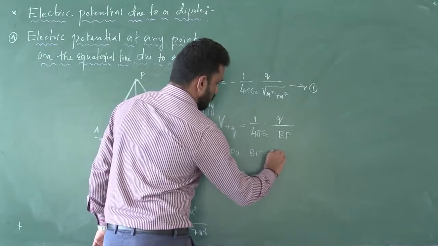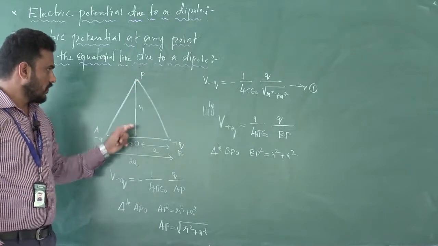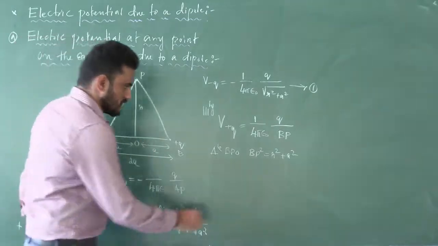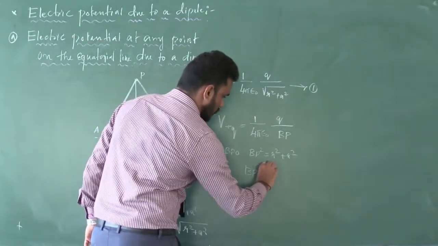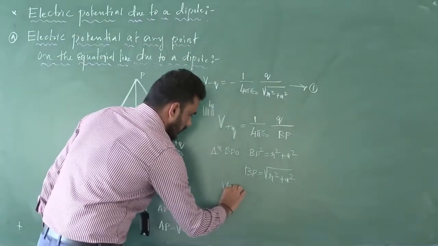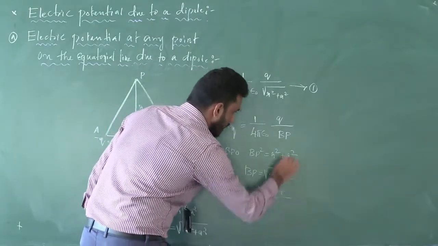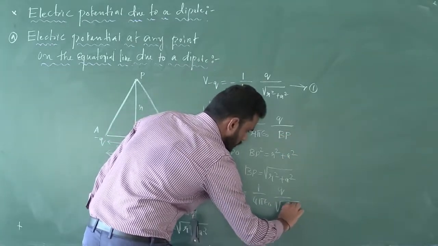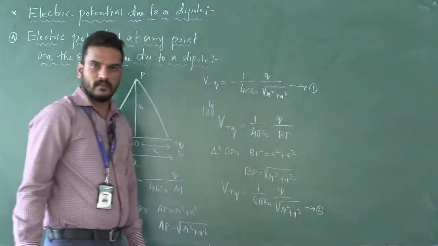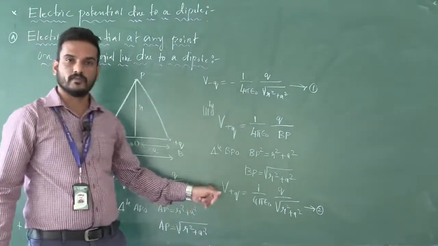BP square is equal to OP square plus OB square, so directly I am writing r square plus a square. So BP is equal to root of r square plus a square. So in the place of BP, we write Q divided by root of r square plus a square. We mark it as equation number 2. So equation number 2 gives the electric potential at the point P due to the positive charge.